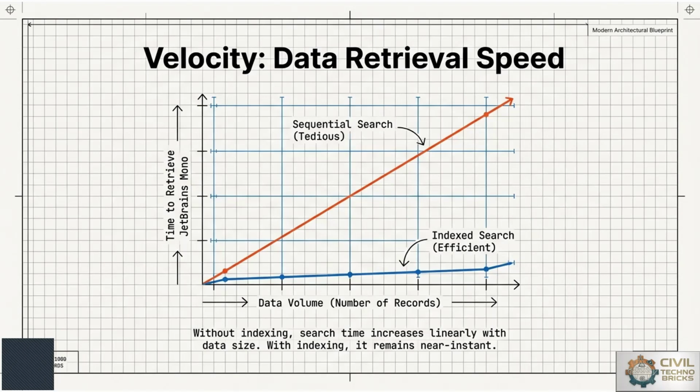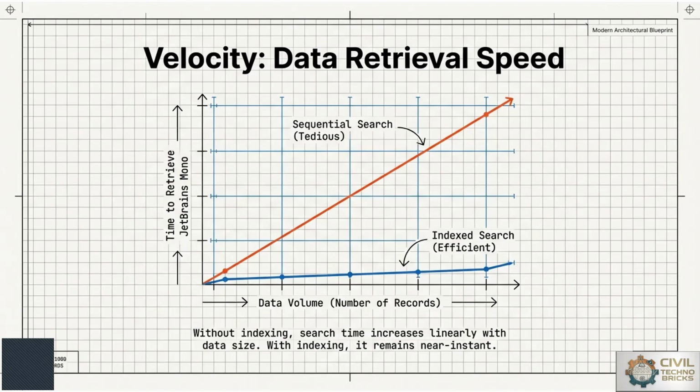Without indexing, search time increases linearly with data size. As data size increases, search time increases. With indexing, it remains near instant. Indexing is the most important point to maintain the velocity of data retrieval, which increases with data volume in a GIS system.